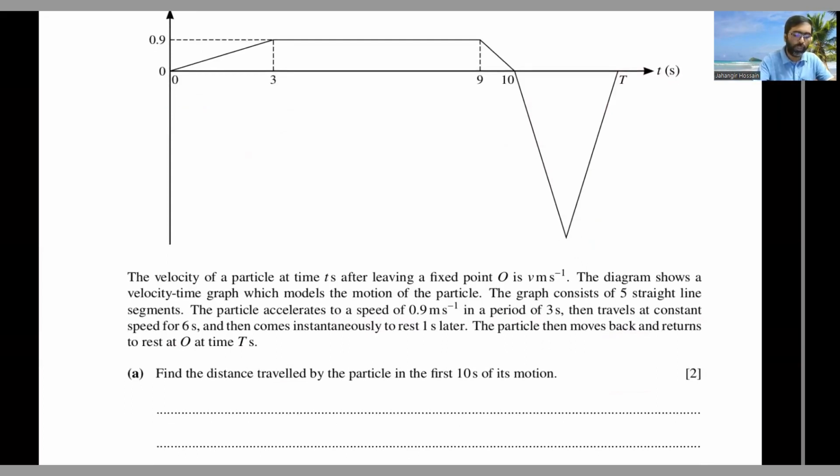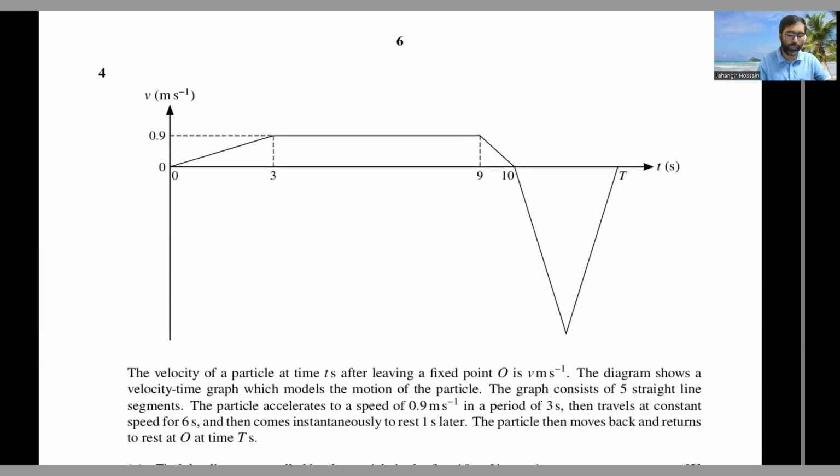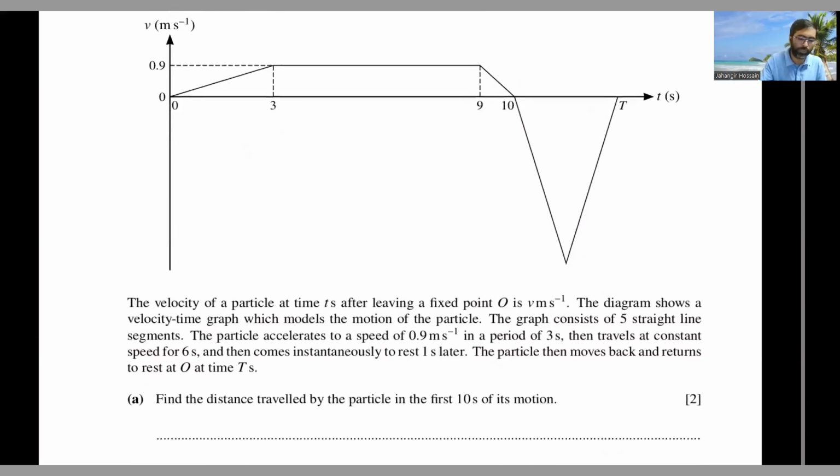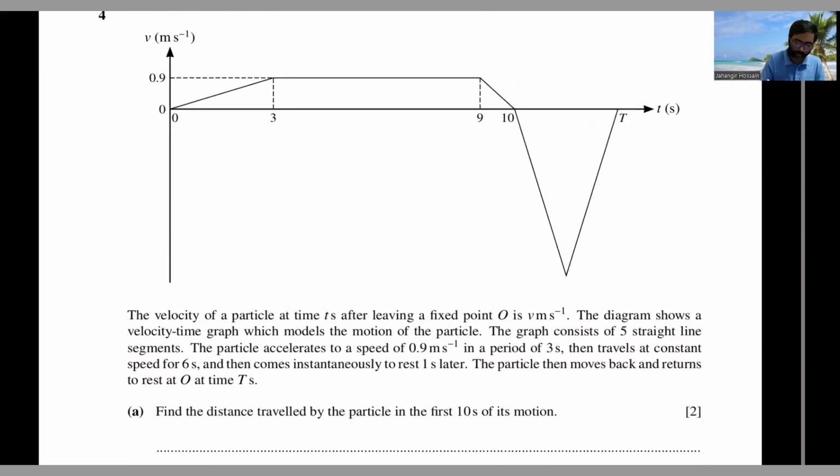So we see it's a trapezium. Remember, distance traveled in the velocity time graph is the area under the curve. So distance traveled in the first 10 seconds will be the area under the curve in these first 10 seconds, and in this period the graph is above the time axis, so the area is between the curve and the time axis.